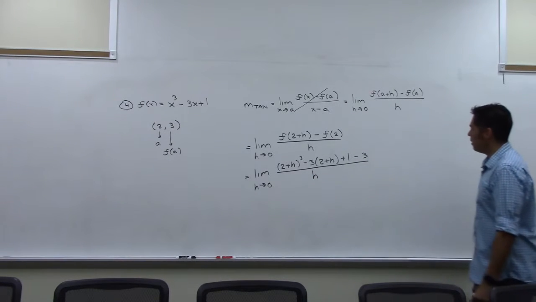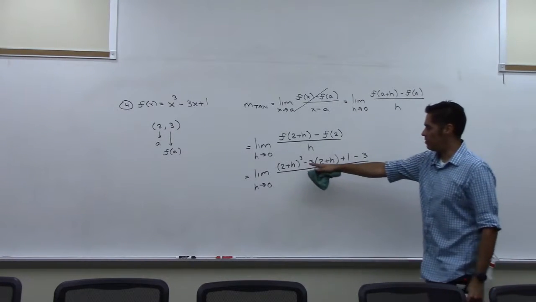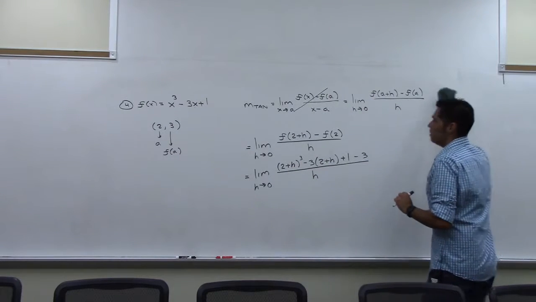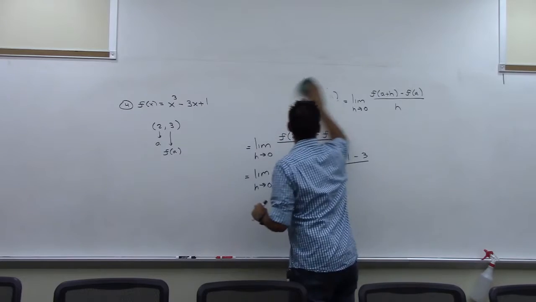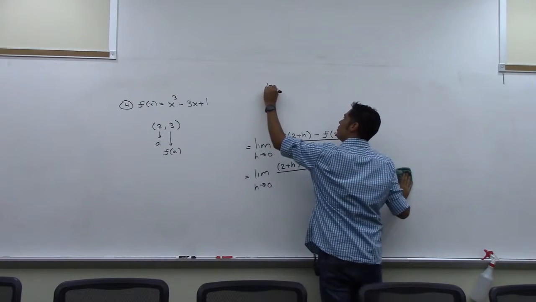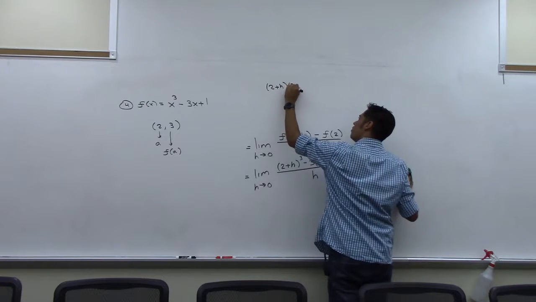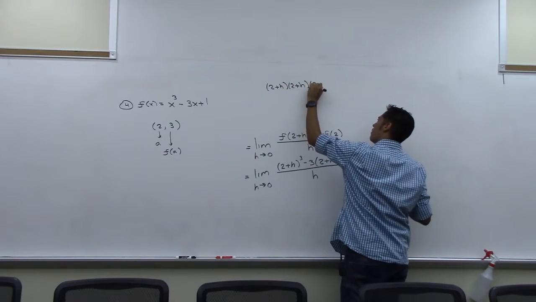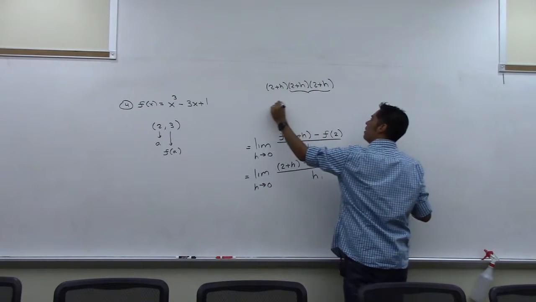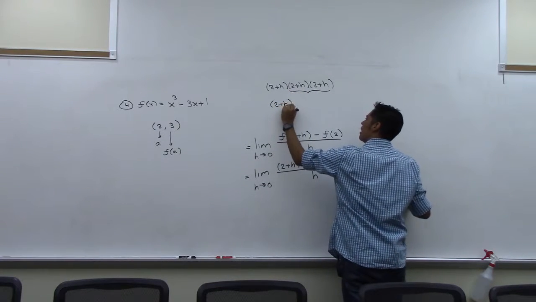And then all over h. And unfortunately, I have to expand all of this out, which means I have to take 2 plus h and cube it. So maybe I'll do that up here. So 2 plus h times 2 plus h. There are some shortcut formulas for something like this, but I'm just going to do it by hand. I'm going to do those two together first.